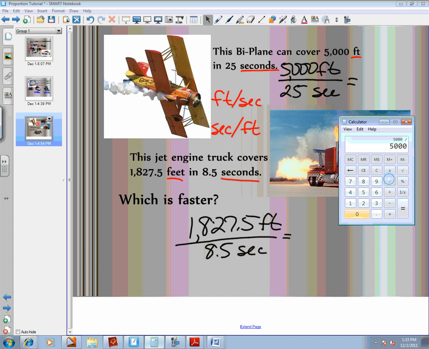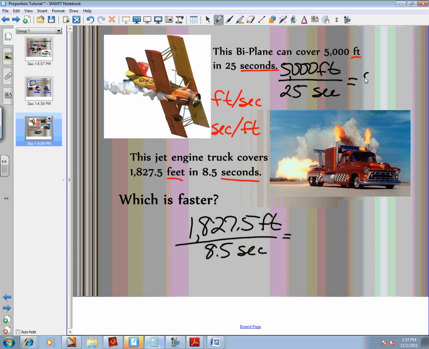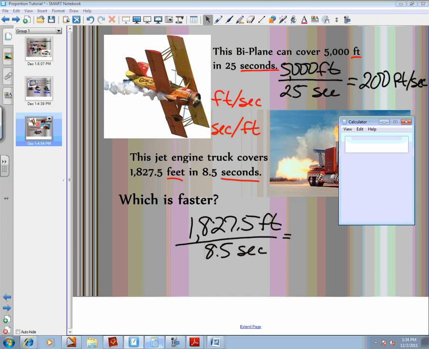5,000 divided by 25 equals 200 feet per second. Okay? So the biplane covers 200 feet every 1 second that goes by.